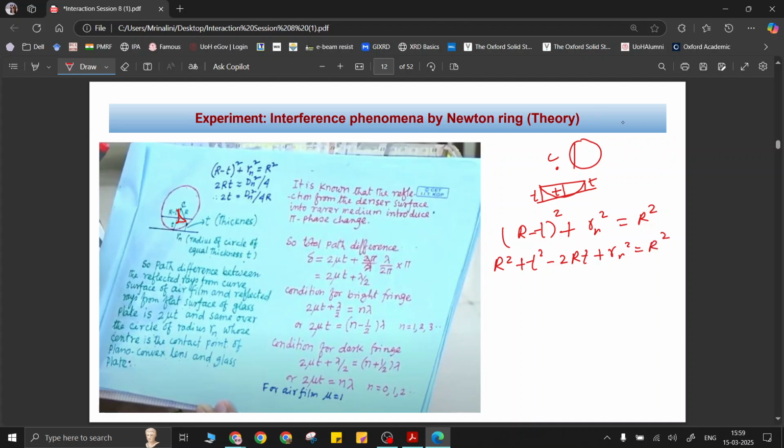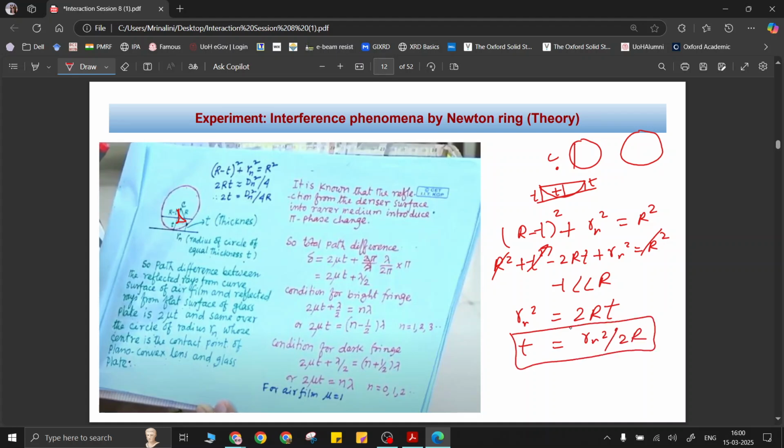The radius of curvature of the sphere from which we have cut this lens is usually very huge, so the thickness here is very small compared to it. So we can ignore T square, and then R square cancels, and Rn square will be 2 times R times T. That means T will be Rn square divided by 2R. So we obtained the thickness in terms of the radius of curvature.